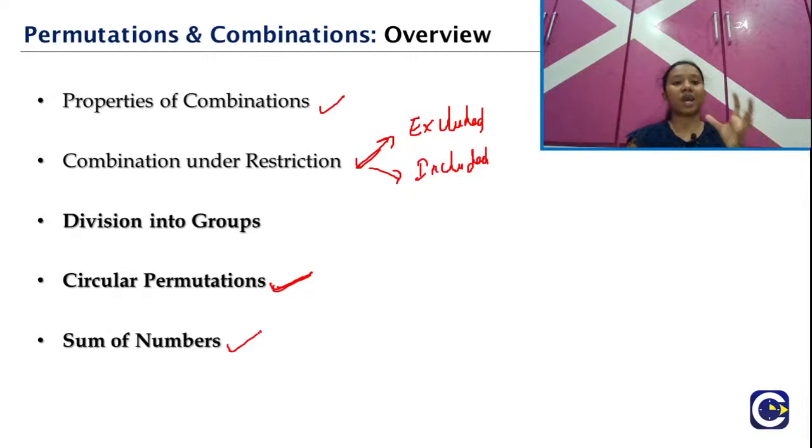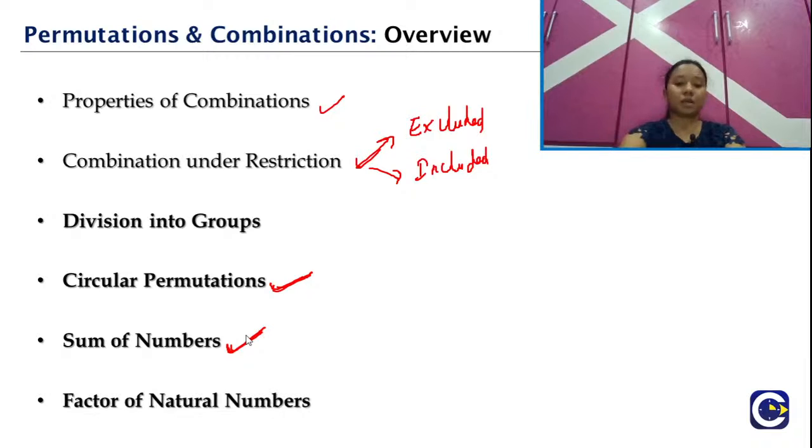If we have a number like 12, the sum of digits is possible, or we can take a few numbers and find the sum of unit digits. Without doing simple addition, if we have a formula, we can do it directly. For sum of numbers we have different cases, and for each case we have formulas we can apply directly to get the result.